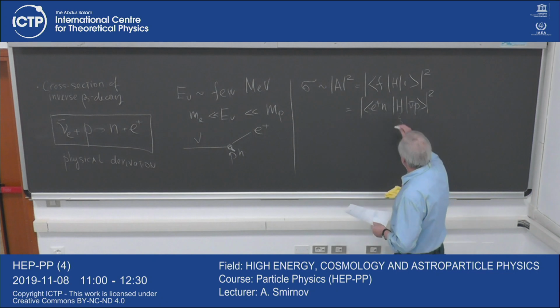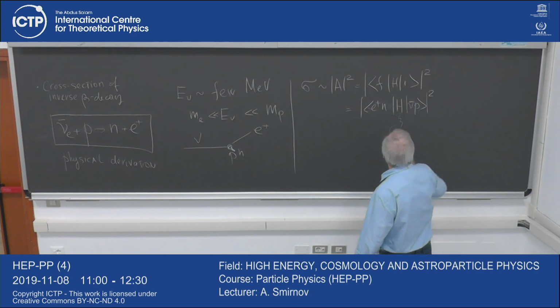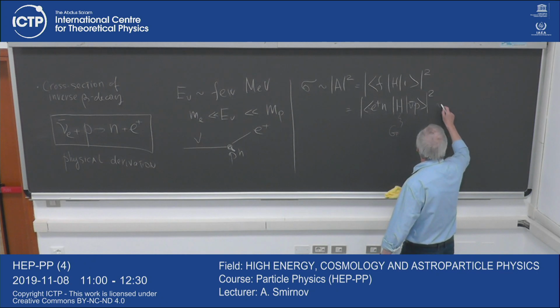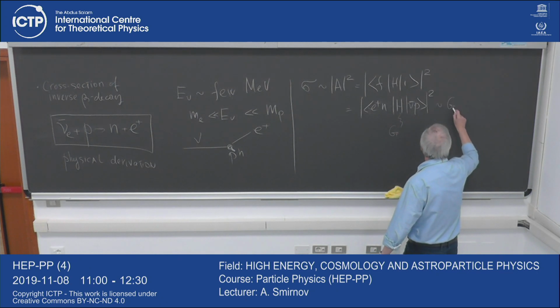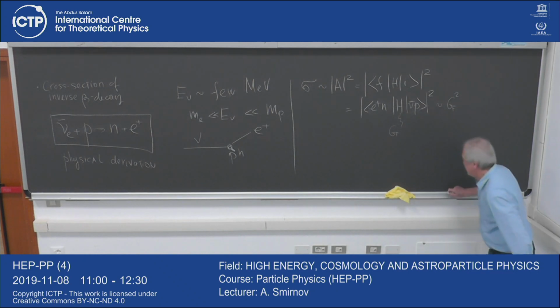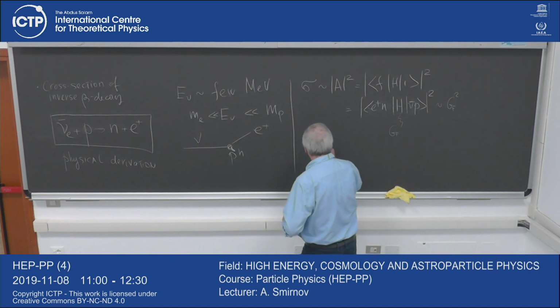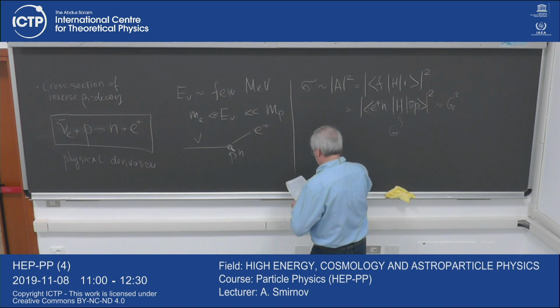So what is important is that this Hamiltonian is proportional to G Fermi. And therefore the cross-section should be proportional to G Fermi squared. Okay? So we are writing that sigma is proportional to G Fermi squared.